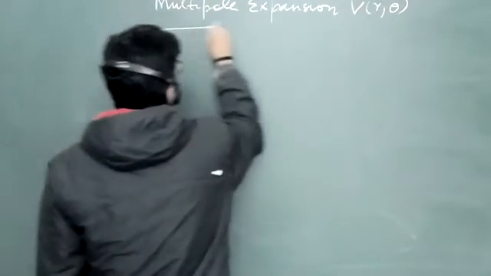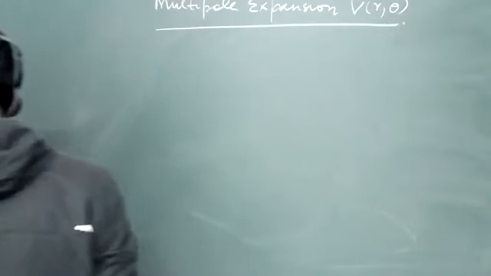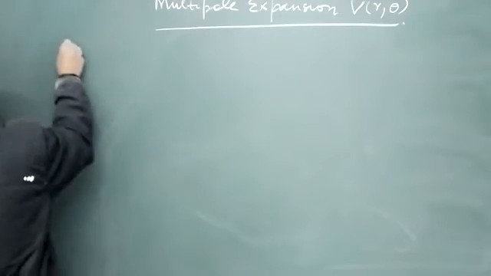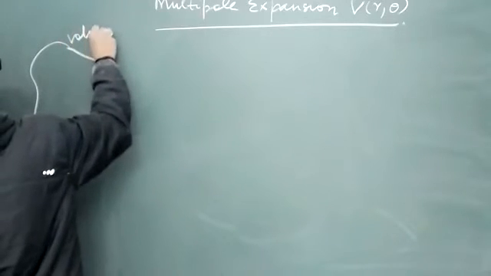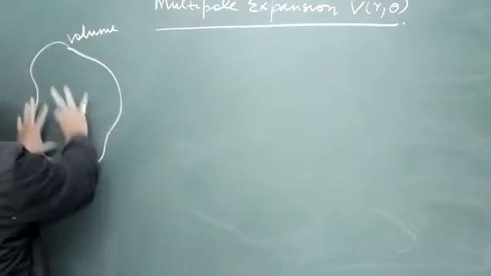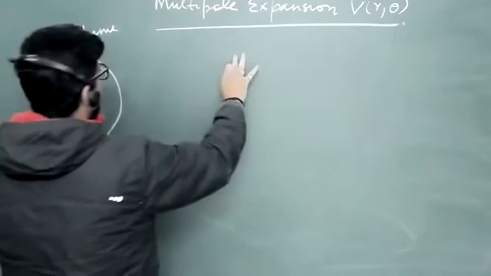We will try to write the potentials. Now see, what do I have to do here? There will be some volume in which we are calculating. This is that volume, suppose. And due to this volume, in which the charge system is present, there is a potential.